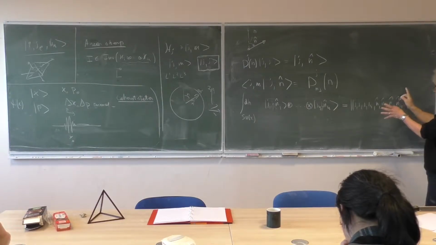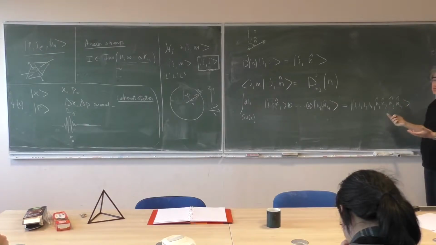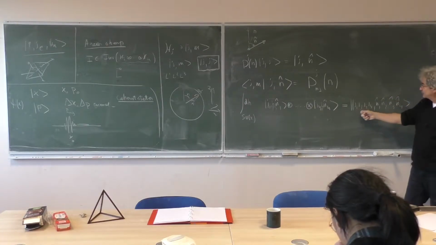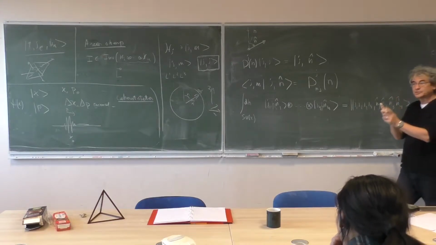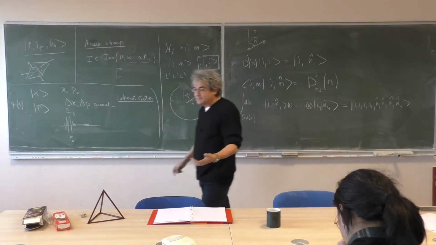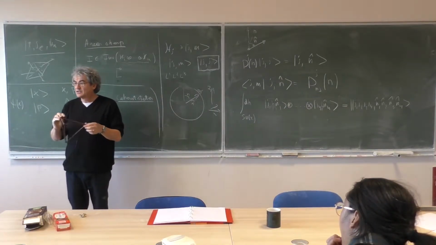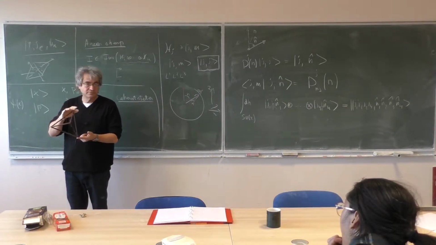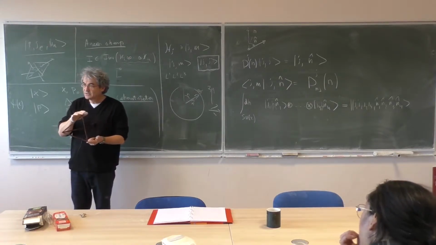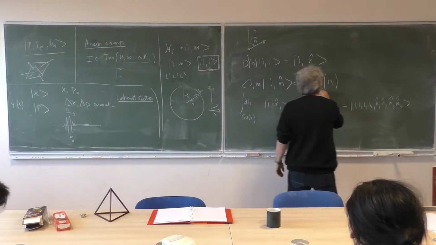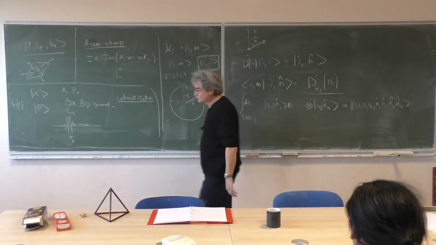It depends on the four directions up to common rotation, so it actually depends on the angles between them. So it depends on the four areas and all the possible angles between them. And this is a state that corresponds to a given geometry of a tetrahedron. Clear? And I have an explicit formula. I can write it in terms of this matrix element, and so on and so forth.